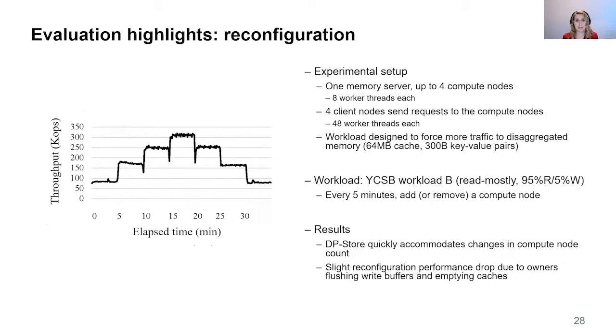There's only a minor hiccup when performance drops slightly to allow the owners of the data to flush out their outstanding writes. But generally speaking, it's a very smooth transition, very lightweight reconfiguration. So this is just one way that we can potentially rethink how we organize systems in order to overcome the challenges of sharing data that is being cached on the compute nodes.